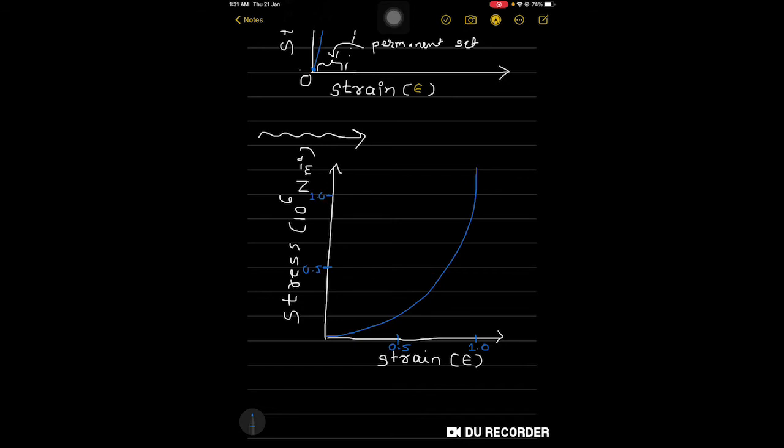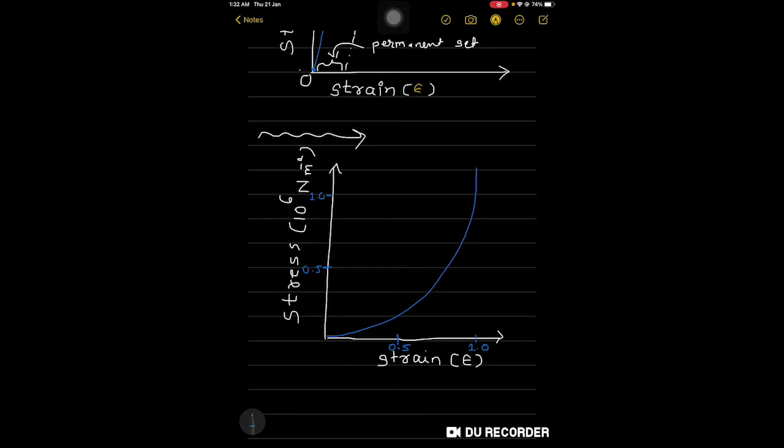For example, a rubber can be pulled to several times its original length and still returns to its original shape. Now in given figure 2, it shows a stress versus strain curve for the elastic tissue of aorta, which is present in the heart.